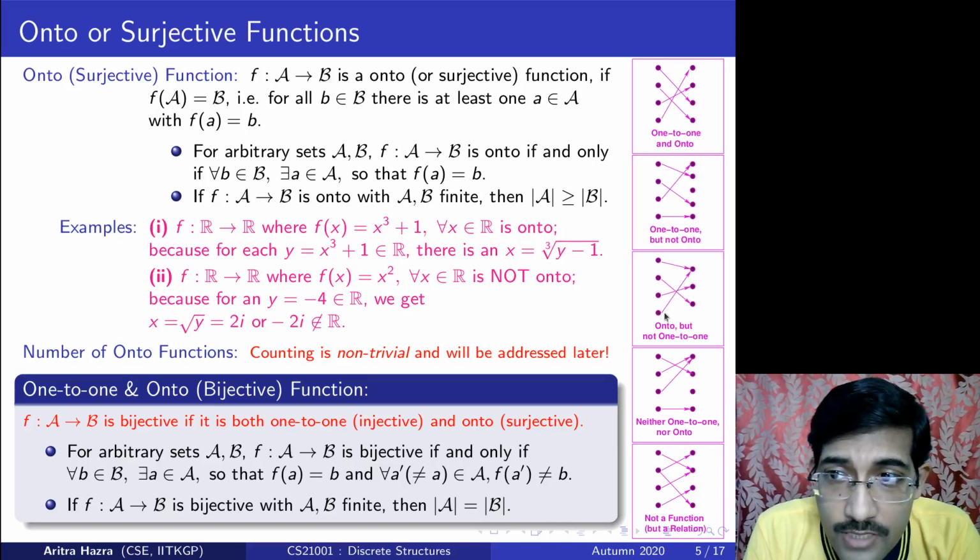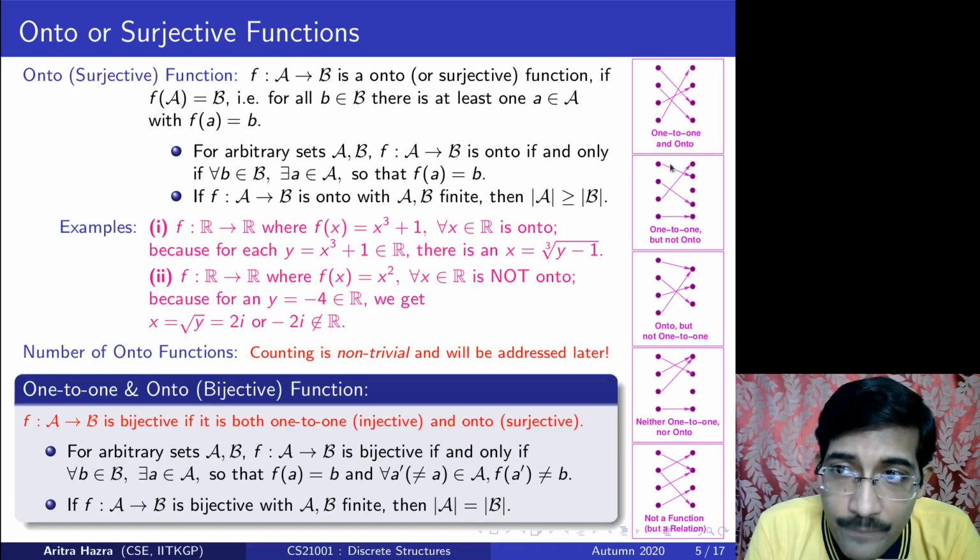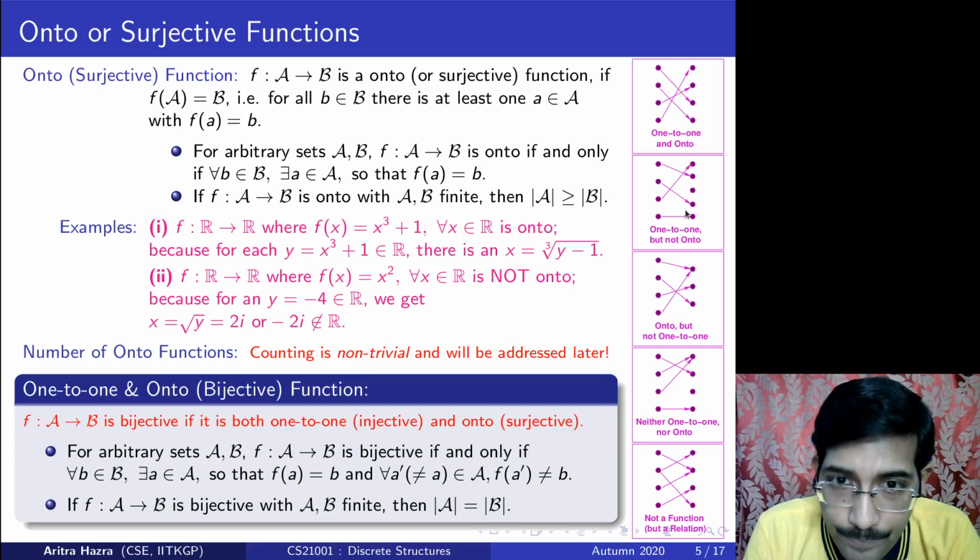So this is not a one-to-one function. However, in onto, the only necessity is that I need every element of B to be associated from some element of A. In this case, the codomain contains an element which is not associated from anyone. So this is not onto.